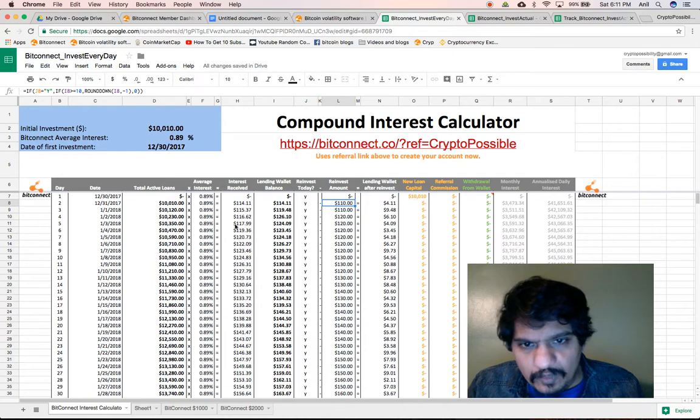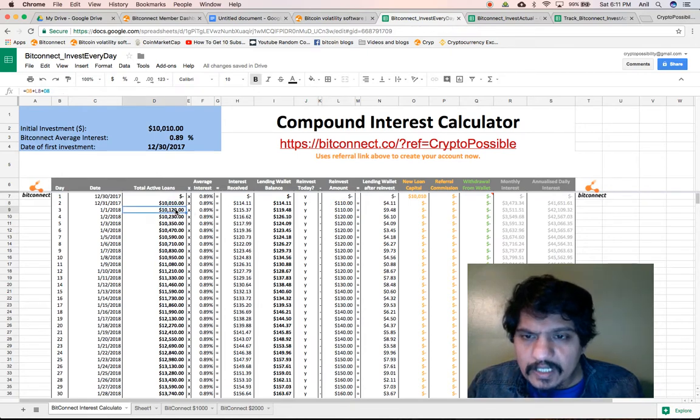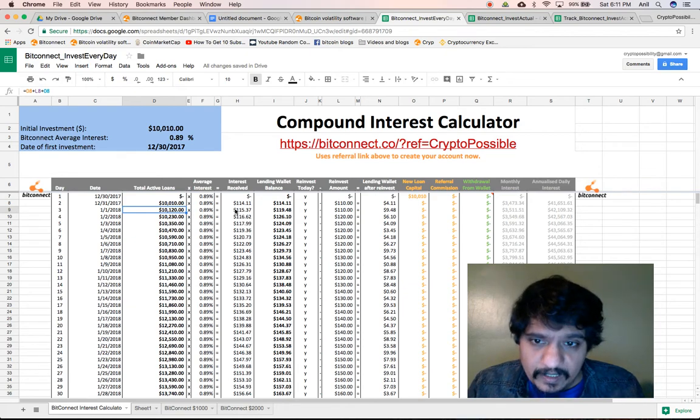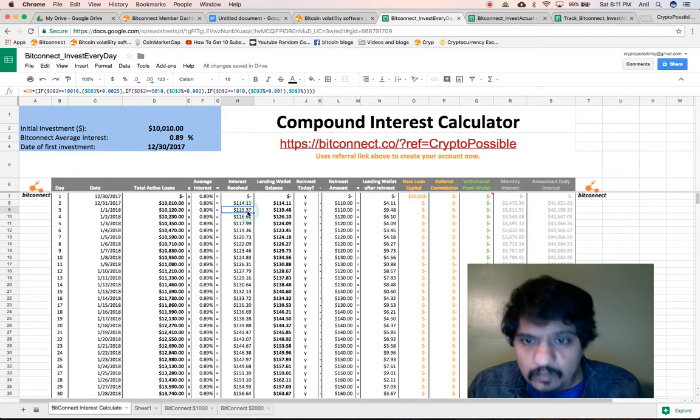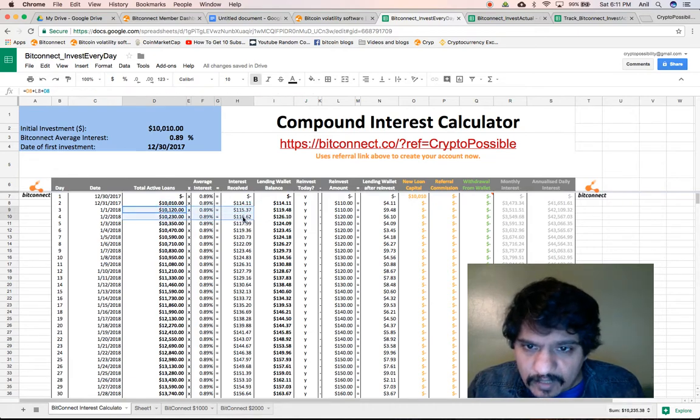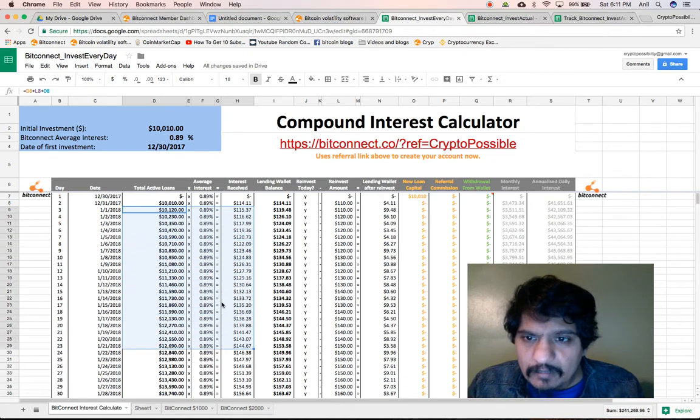If you add this back to the principal, you get 10,120, and now you have to calculate the whole interest again. So now you calculate this value times 0.89 plus 0.25, and you get $115.37.